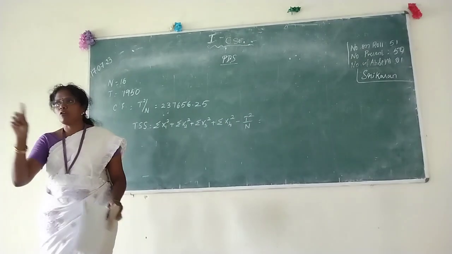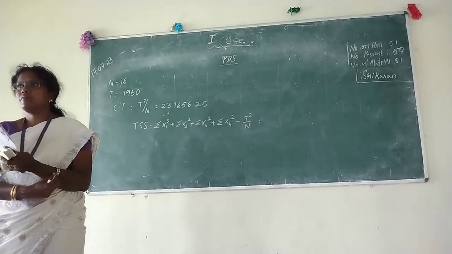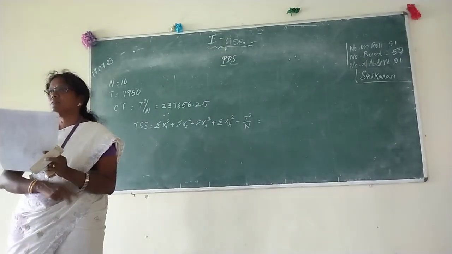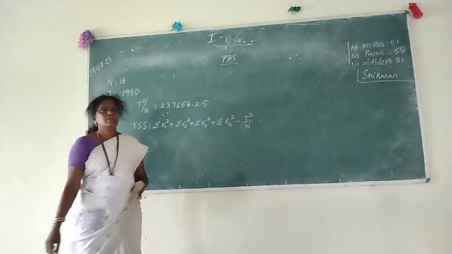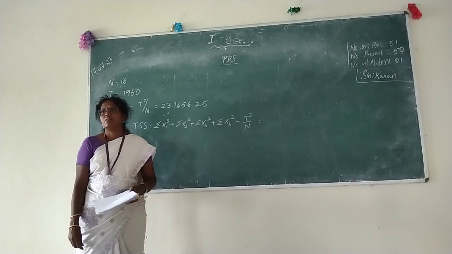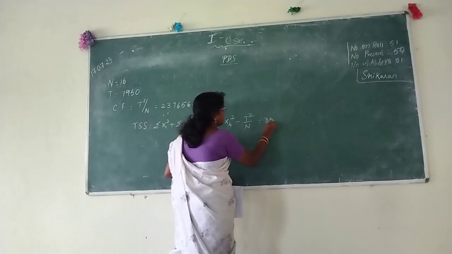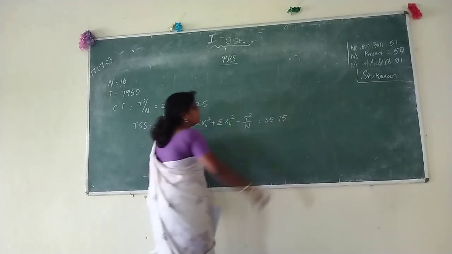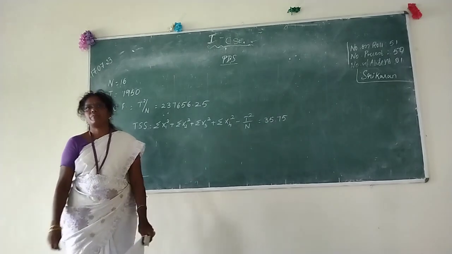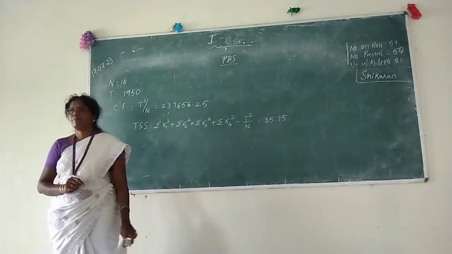All the summation I got from that table. So TSS answer will be 35.75.